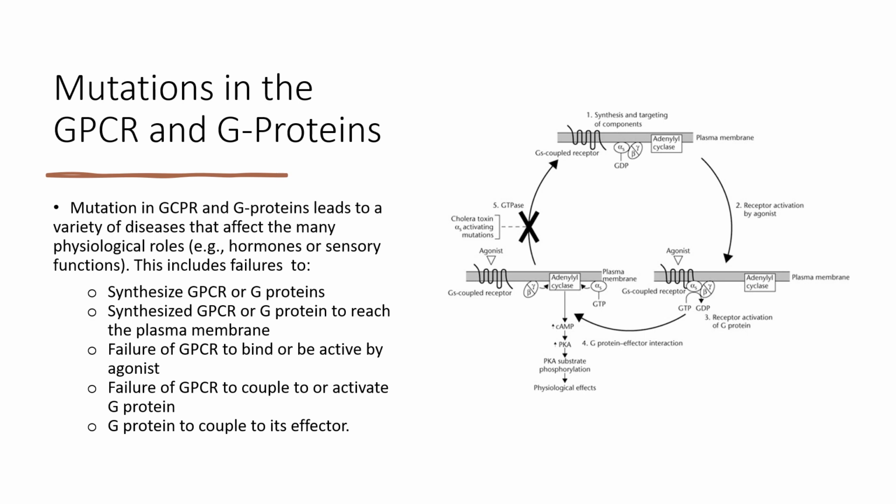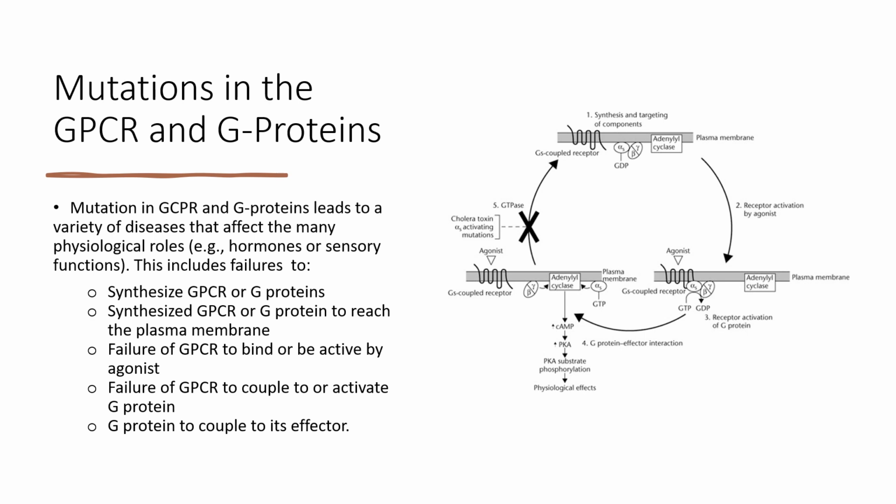However, there are mutations that occur with the receptors or the G protein itself, which do lead to many diseases that affect the physiological roles such as hormones and sensory functions in the body. There is a list of common failures that do occur.